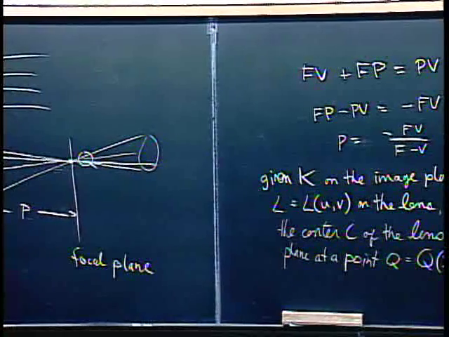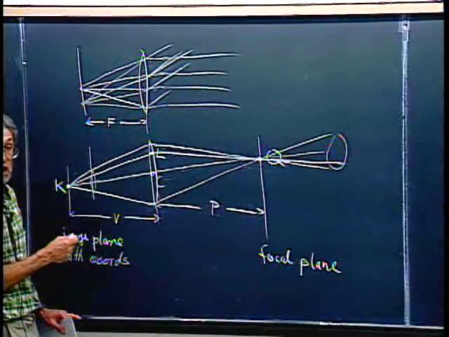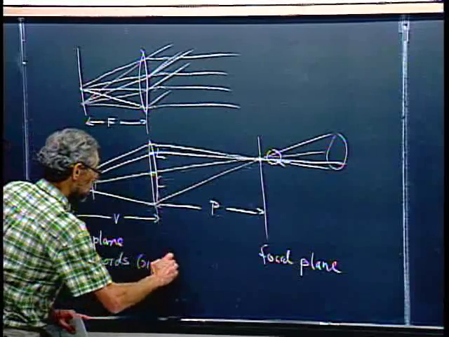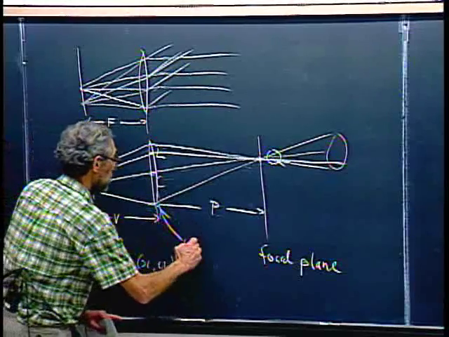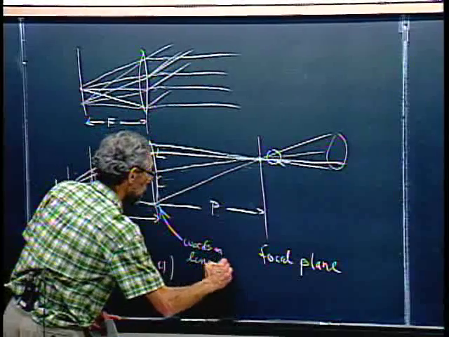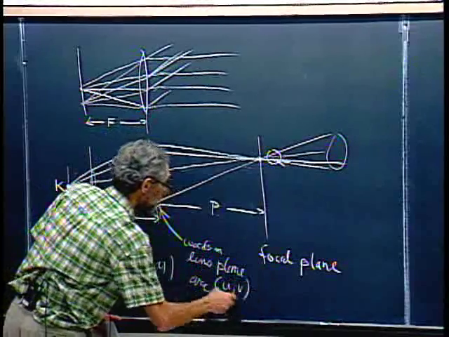These are coordinates in the image plane, basically pixel coordinates or subpixel precision locations on that image plane, X, Y, and this is coordinates on the lens plane, U and V.